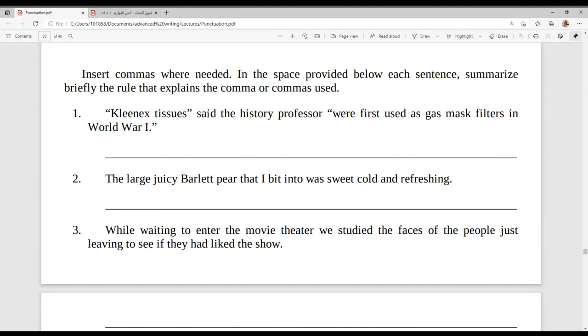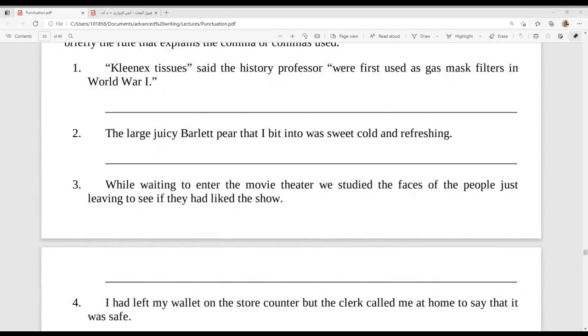Clinics, tissues, said the history professor, were first used as gas mask filters in World War I. Comma after clinics, comma after tissues, comma before said and after professor.